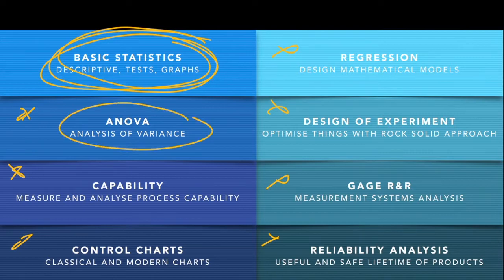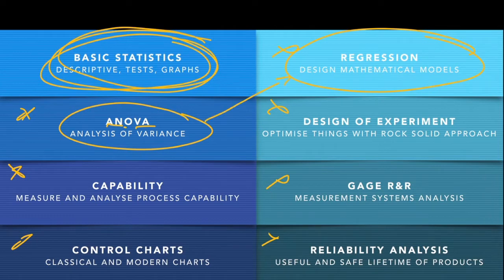First of all, ANOVA or analysis of variance and regressions. These two families of mathematical methods are intended to help you designing and getting some useful and powerful mathematical model of your process.